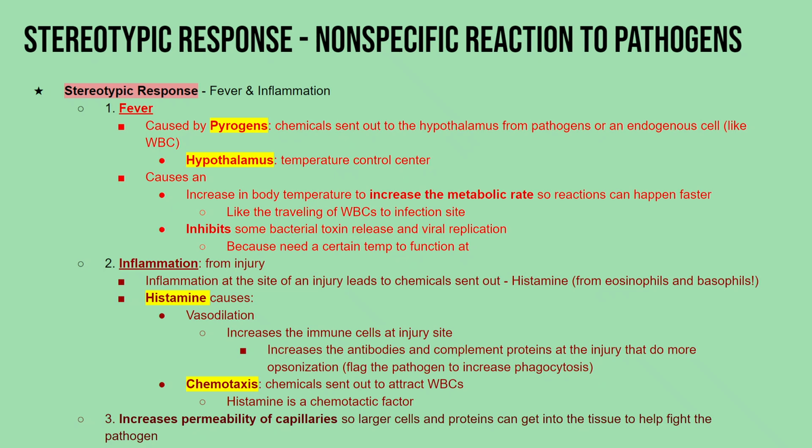And the goal of the body by increasing temperature is to increase the metabolic rate. So we're trying to increase everything going on in the body to try to get the pathogen out, which is why you get a fever. So for example, getting the white blood cells to the infection site is going to go faster if the body temperature is higher.